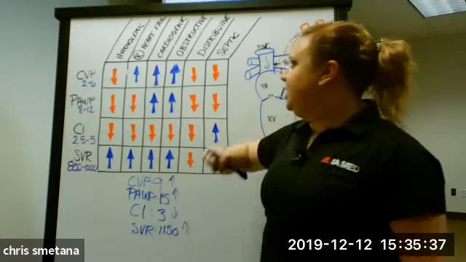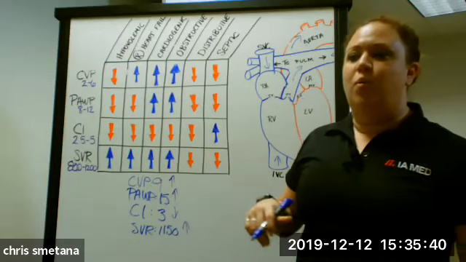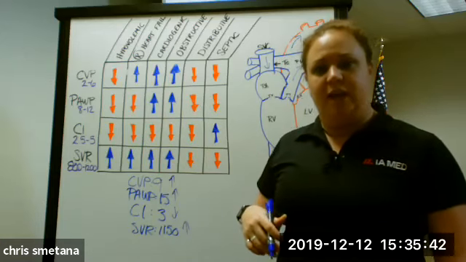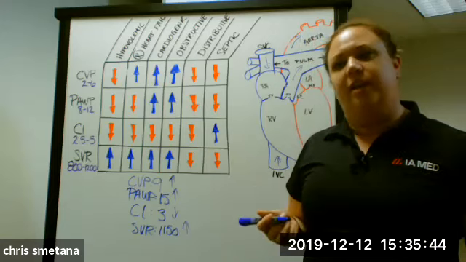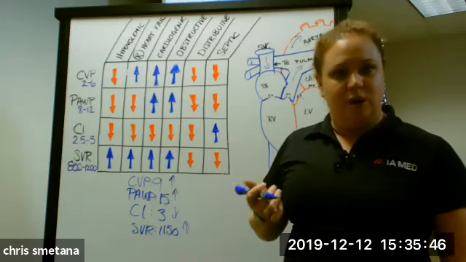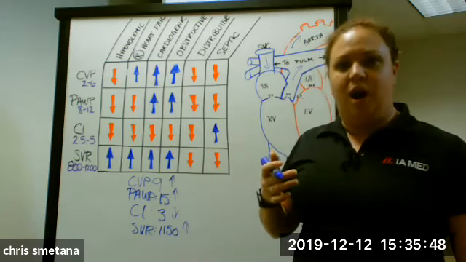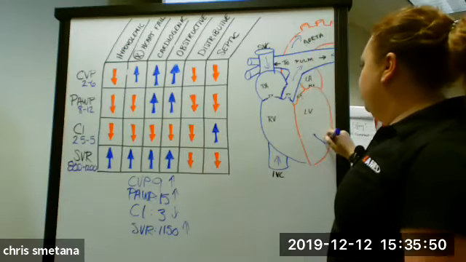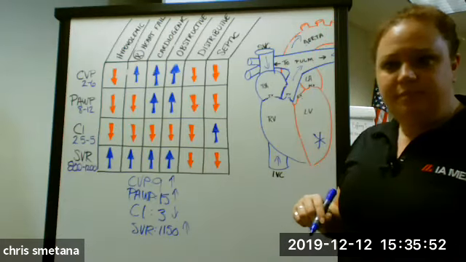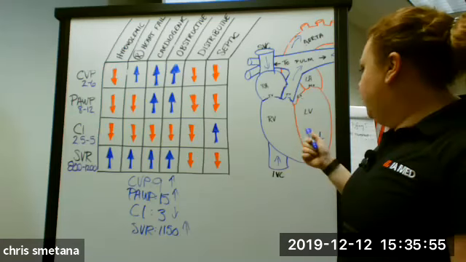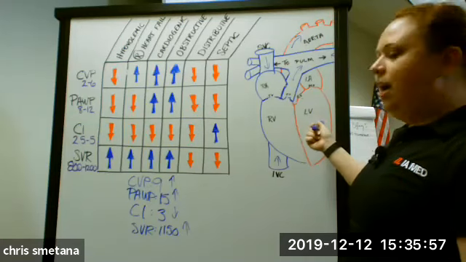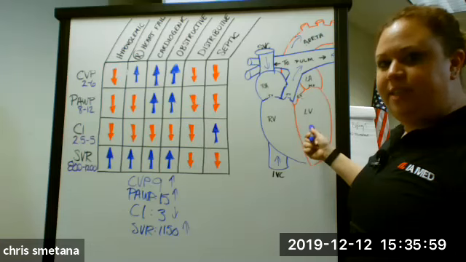But if I said that this patient was complaining of 10 out of 10 chest pain, and I also had elevation in, we'll say, V3 and V4, well, V3, V4, I already know I'm looking at the left side of the heart. That makes sense, because I'm having problems with the function of this left ventricle.